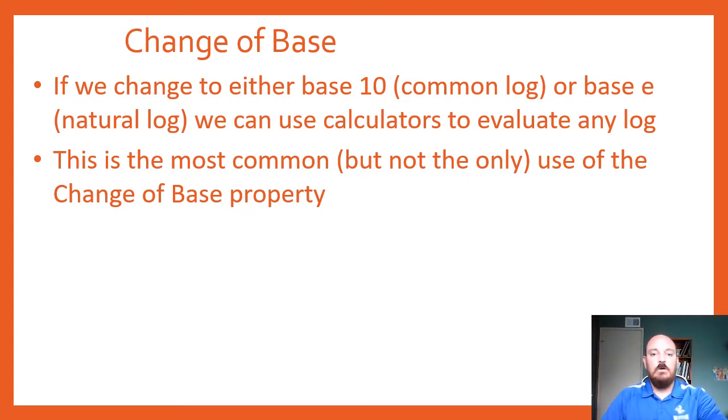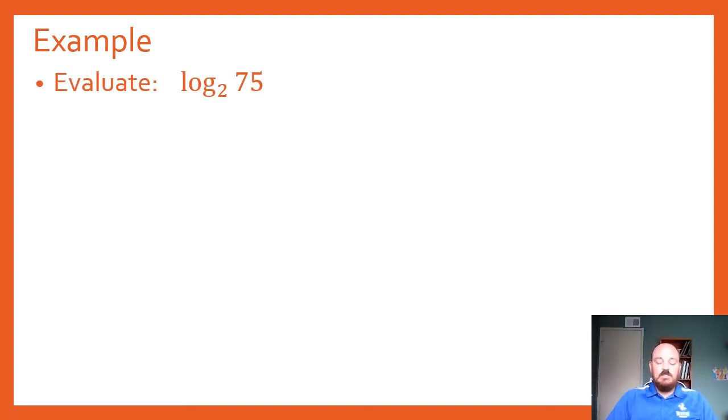But for right now, let's go back to the very first question I asked you when we were talking about just what a logarithm is. I said logarithms answer questions like 2 to what power equals 75. We'll write it down over here. We have 2 to what power equals 75.